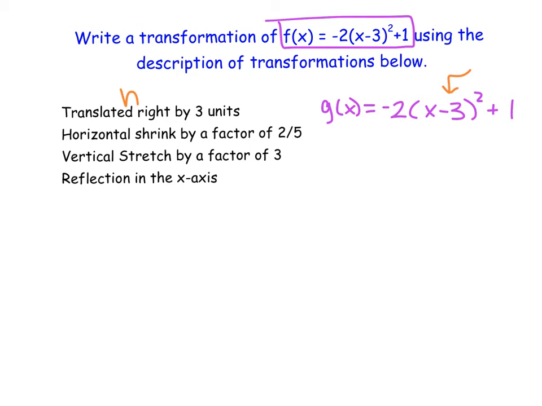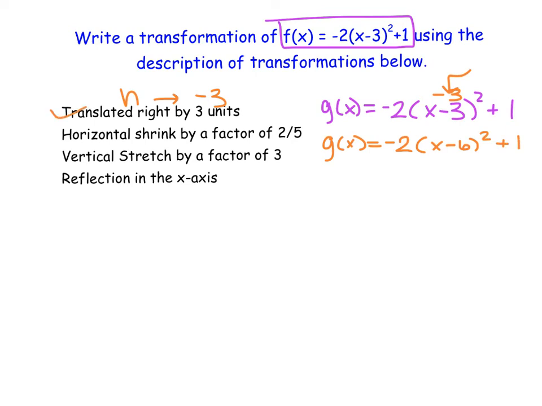What that's going to do is move it right 3 units, which is a +3, which, remember, h does the opposite, so we're going to subtract 3 from the inside here. So in order to do that, we have g of x is equal to -2, and then we have x minus 6 quantity squared plus 1. So we've taken care of that first one.